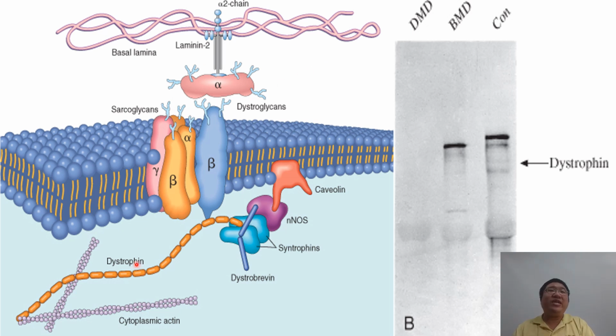But when there is no crosstalk, there will be membrane break every time the muscle contracts, resulting in muscle cell death. So in Duchenne, dystrophin is absolutely gone, whereas in Becker, dystrophin is still present at a lower level.